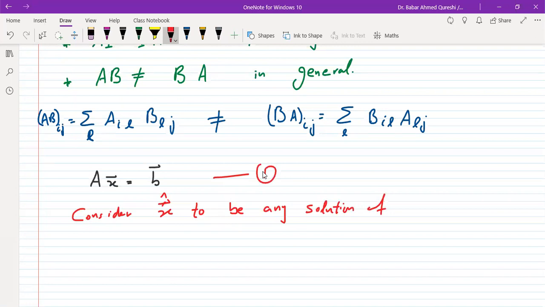So it's a vector, a list of numbers which solves the above equation.